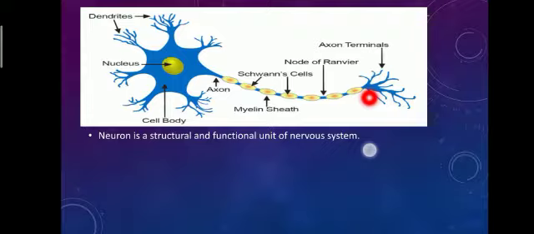At the end of the axon, we can find axon terminals, and these axon terminals enable the impulse to jump from one neuron to another neuron. So there is one more word which we can focus on, that is synapse. What is synapse? Synapse is a gap between one neuron to another neuron. Neurons are not attached to each other. They have a gap in between, and those gaps are named as synapses.